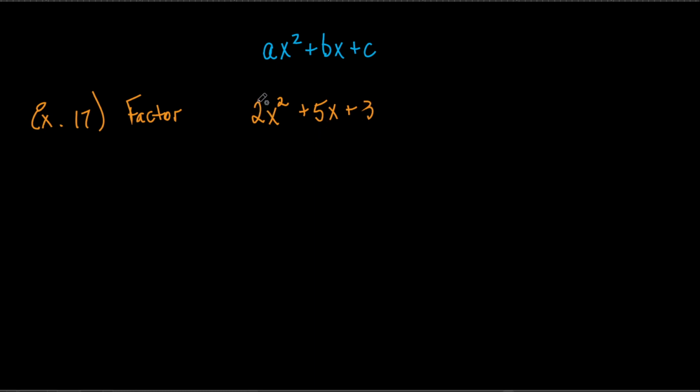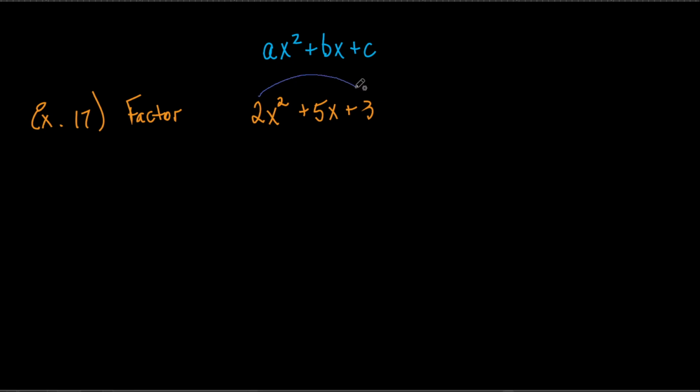Well, if you look at this, pretend that's a 1 right there. What times what is 3? Well, 3 times 1. Does it add up to a 5? No, it doesn't. So in that case, you wouldn't be able to factor it. But this one's a little different because you got a 2 out in front. It's not a 1 out in front. So what we're going to do is this.